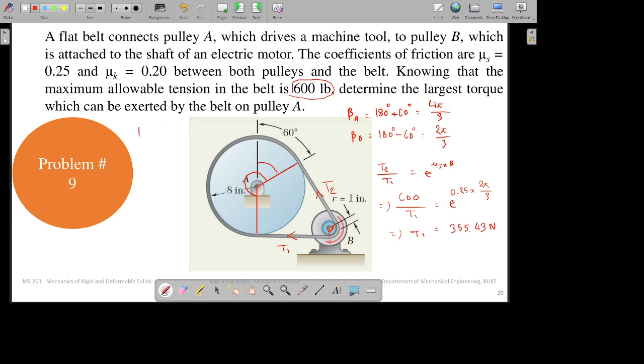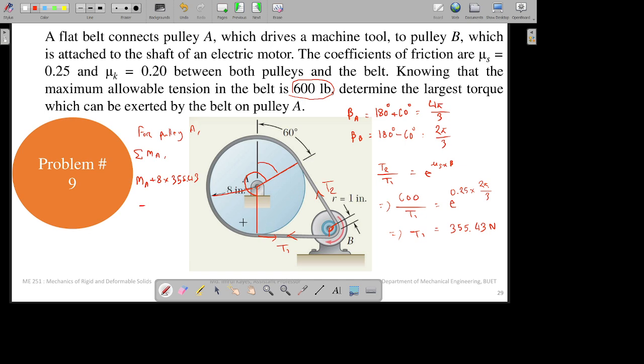So for pulley A, moment about A. Your equation will be MA, moment about A, plus 8 into T1, the distance is 8, so 8 into 355.43.